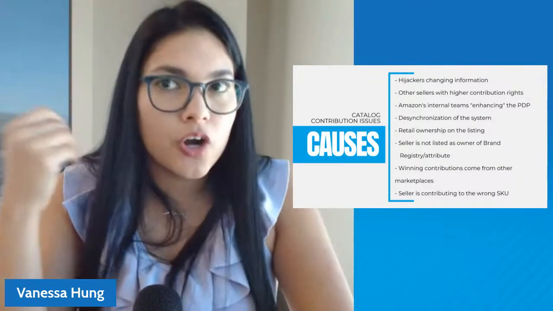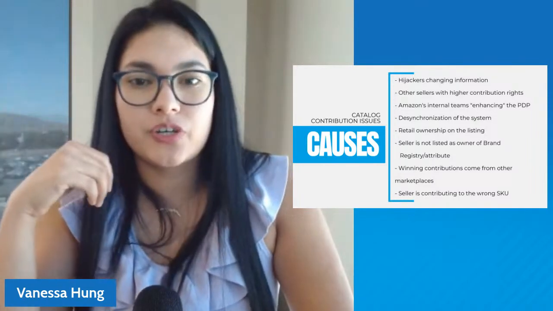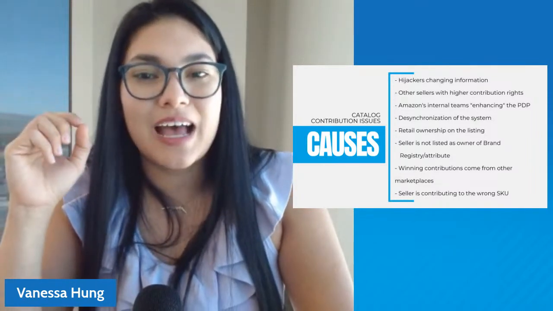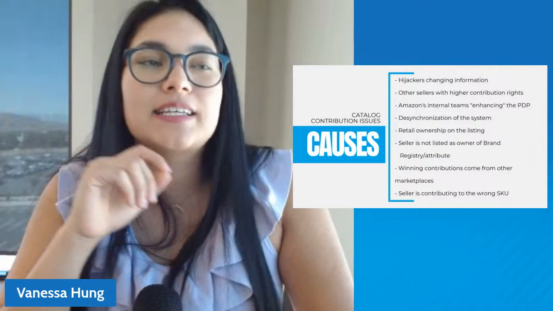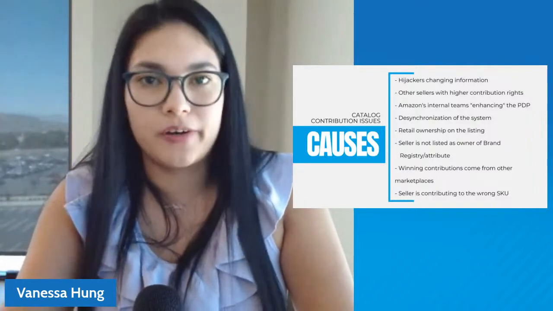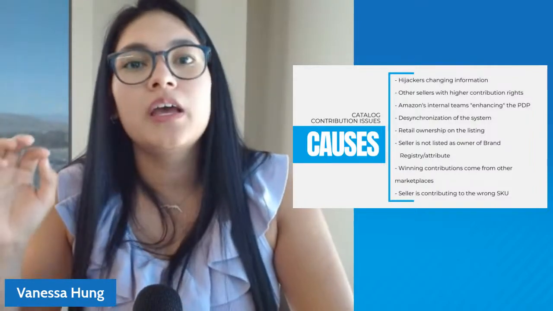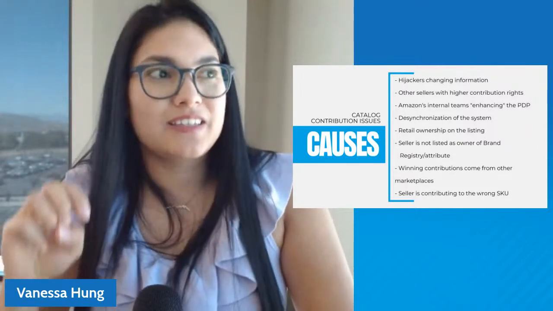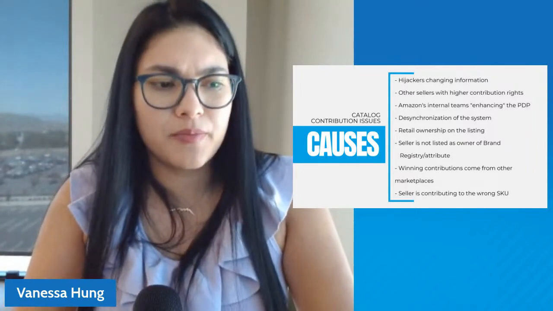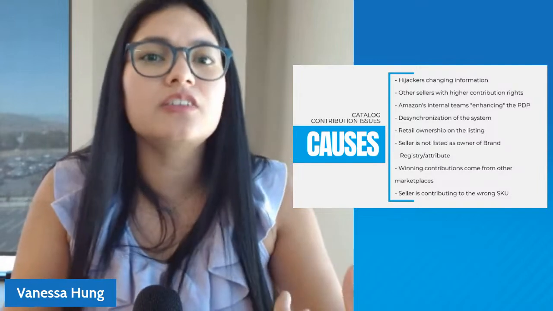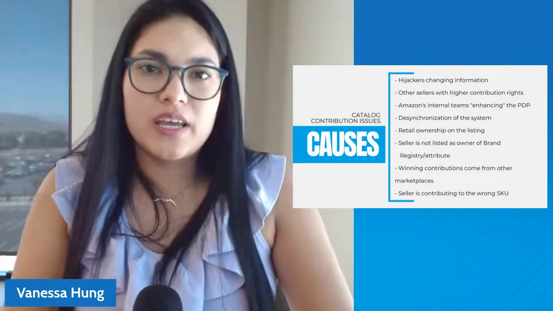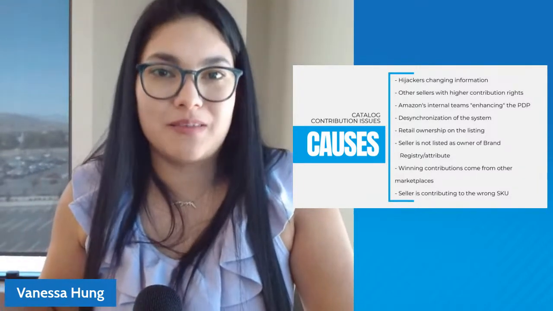Then we have brand ownership, again, a higher position. The seller is not listed as the owner of the brand. This is very common, super, super, super common. And I've seen it lately, and this is something that we still don't fully understand, what the brand registry team is seeing.